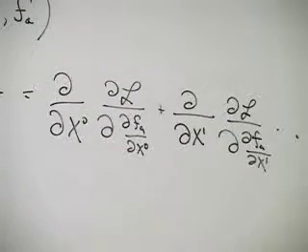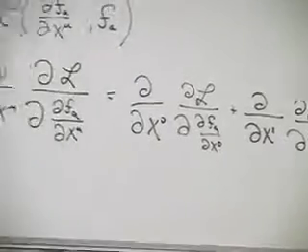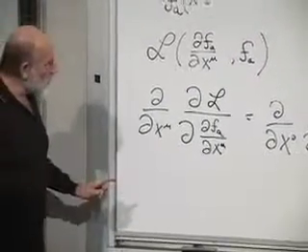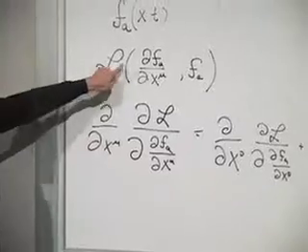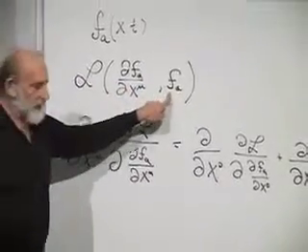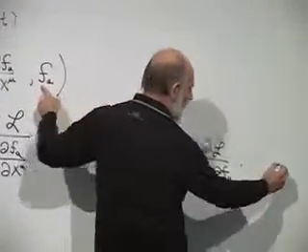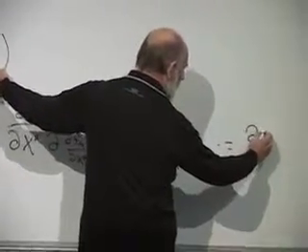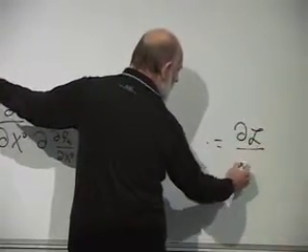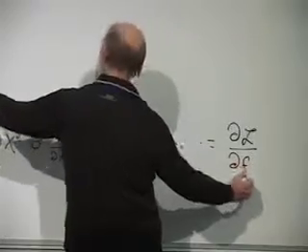That's the structure of the left-hand side of the Euler-Lagrange equations. The right-hand side, we just differentiate the Lagrangian with respect to f_a. So that equals the derivative of the Lagrangian density with respect to the field itself.